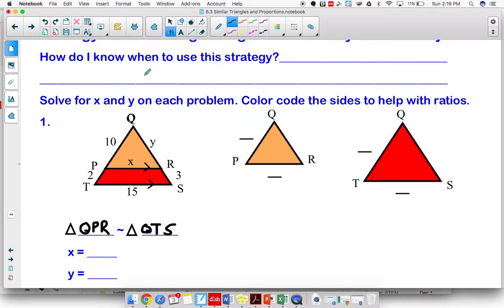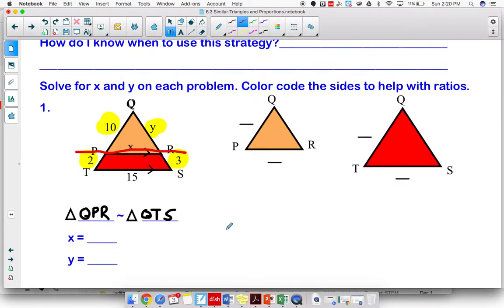Okay. Just like the other page, I'm going to extend my fraction bar so I can use my side splitter technique on the 10, the 2, the y, and the 3. Can you see how those are the sides that got split up?